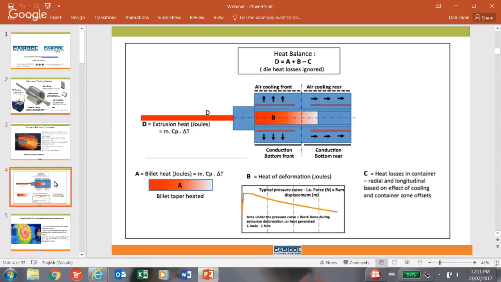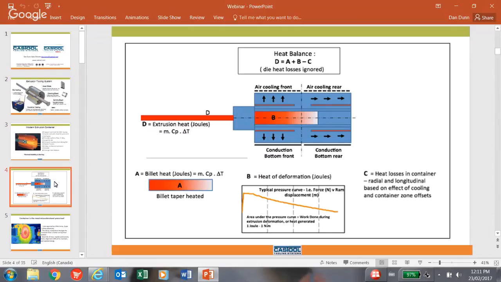We then introduce B, which is the heat generated during the deformation of the aluminum billet during extrusion. In figure B, the graph shows the typical pressure curve, force in N versus ram displacement in M. The area under the curve is where the work is being done during the deformation of the billet and is where the extra extrusion heat is being generated.